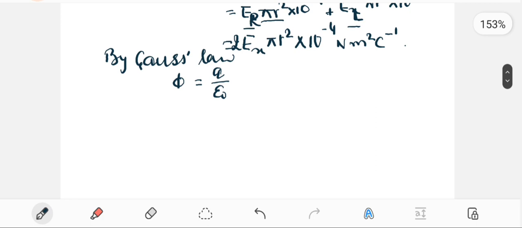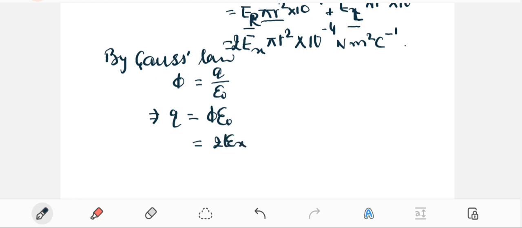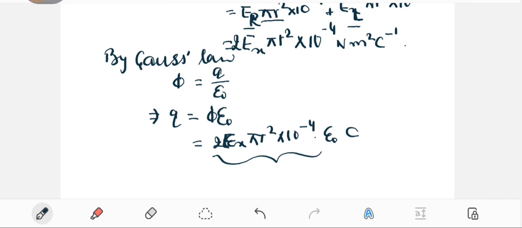Now the flux we have found, therefore charge is equal to flux multiplied by epsilon naught, where the flux we have found to be Ex pi r square into 10 to the power minus 4, into epsilon naught. The unit is coulomb because we are talking about charge. When we put the values here, we will find it. So this is how we solve these kind of questions.